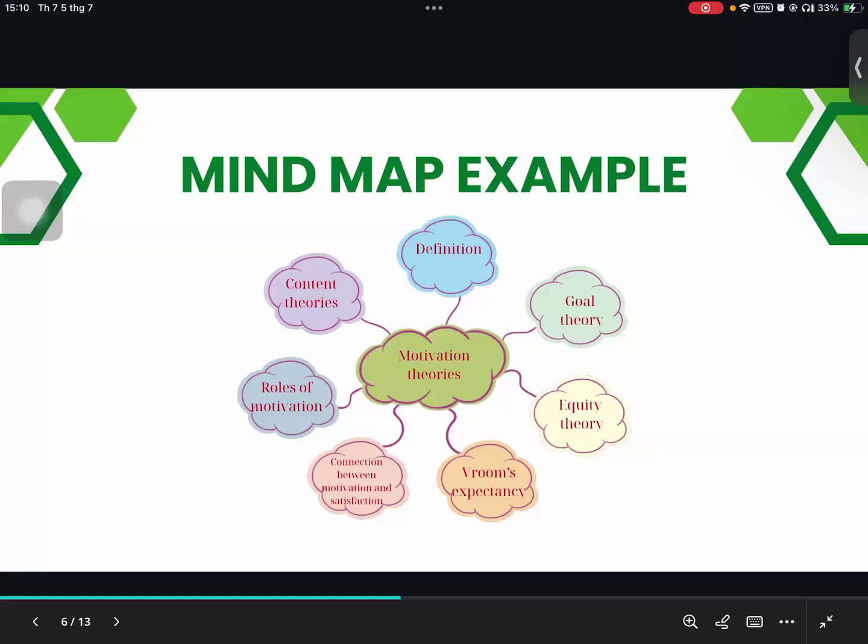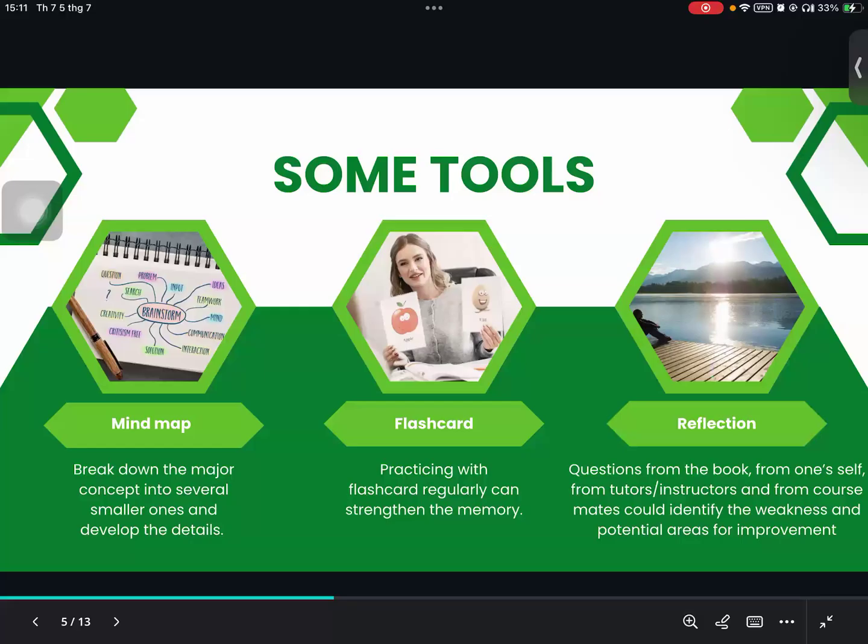So under each theory, you can branch out: who are the authors, what are their main ideas, and how managers can apply the theory in their job and how they can motivate the employee. So by branching out like that, you can create your own version of the study guide. It is much more helpful than just reading the study guide.